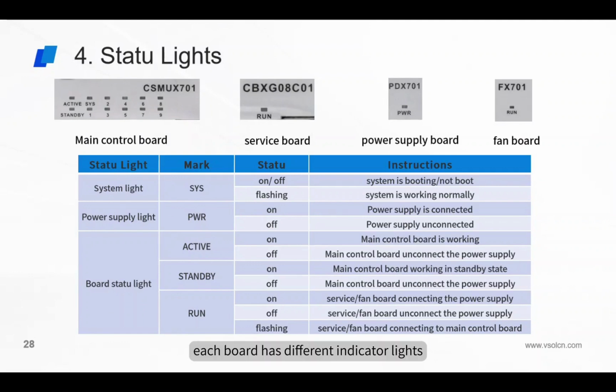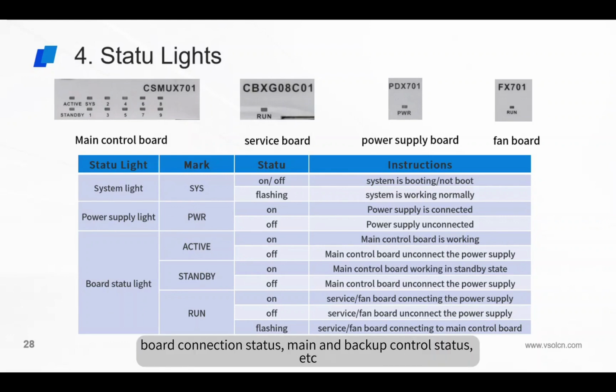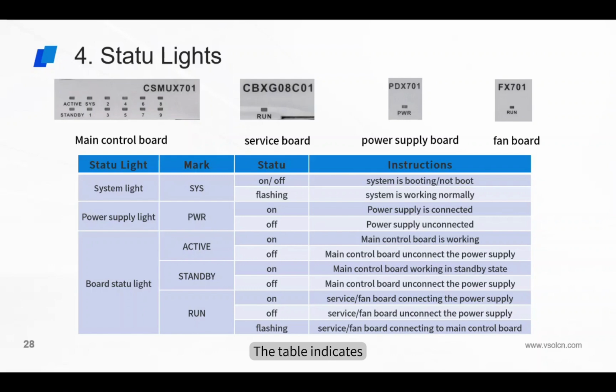Each board has different indicator lights, representing the device's power on status, system operation status, board connection status, main and backup control status, etc. The table indicates the meanings of various lighting conditions, which are important for preliminary troubleshooting of engineering problems. For specific situations, please refer to the table content.